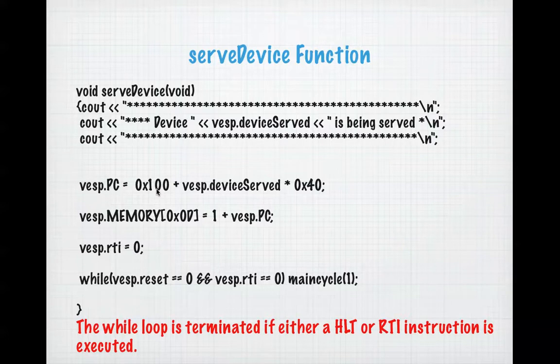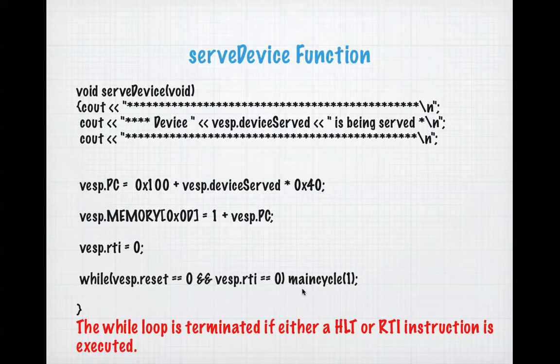That's where the program is. So we're not really doing anything unusual when we realize that there is a service to be provided. We just want to know which device has won the service request. We then find the first instruction where a service routine will be located for that very device that is now going to be served, and then we go and execute it.